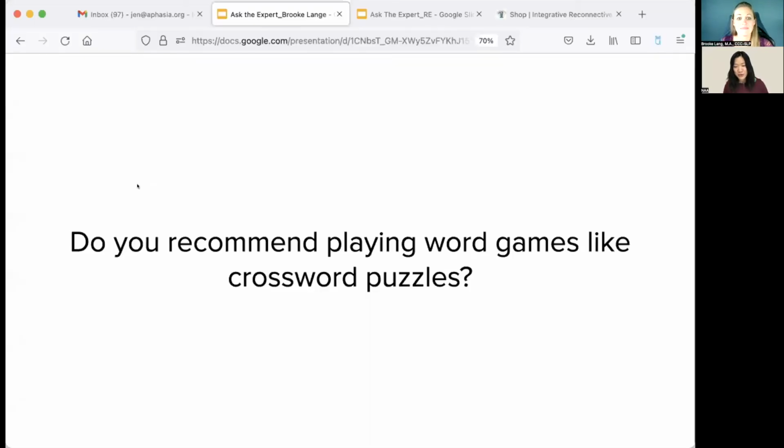So maybe you don't play blackjack in therapy, but what about word games? Do you recommend playing word games like crossword puzzles, or what's that popular one now, Wordle? Wordle, yeah, I think everybody's addicted to that one. Absolutely. That's a great way to work on your language. There's a lot of cognitive stuff built into those.